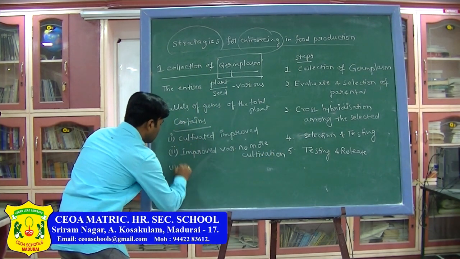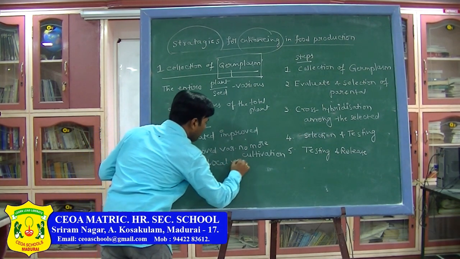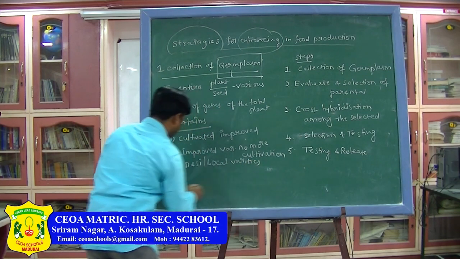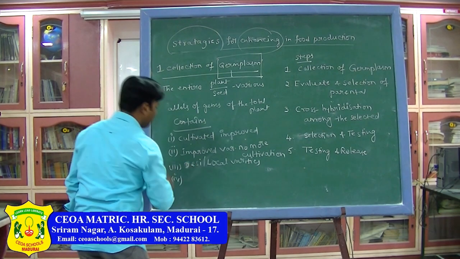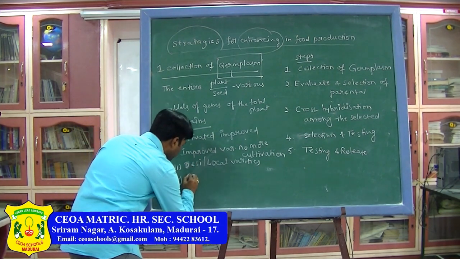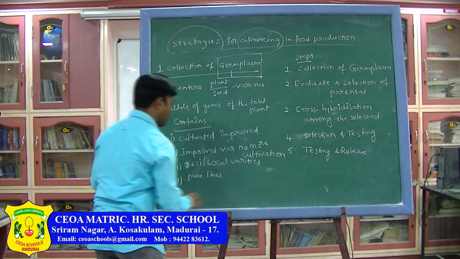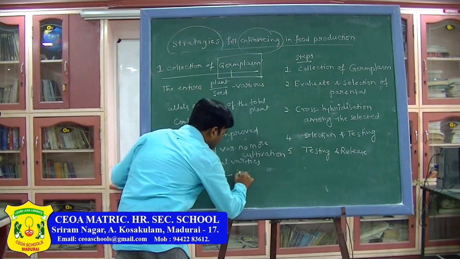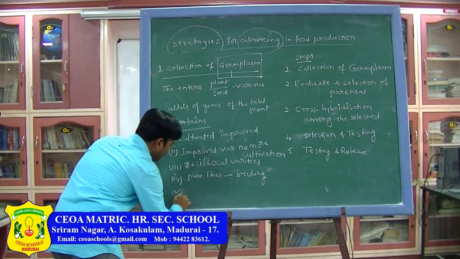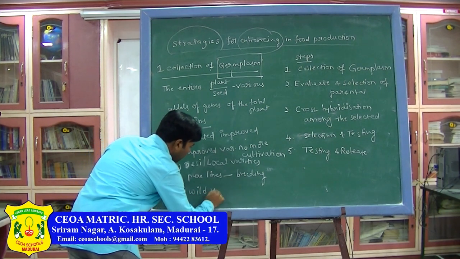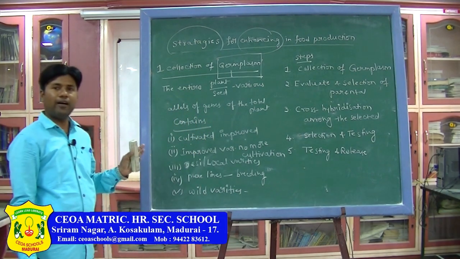Third one, Deshi or local varieties. Next one, pure lines for plant breeding. Next, wild varieties, from which we are getting the hybrid one.